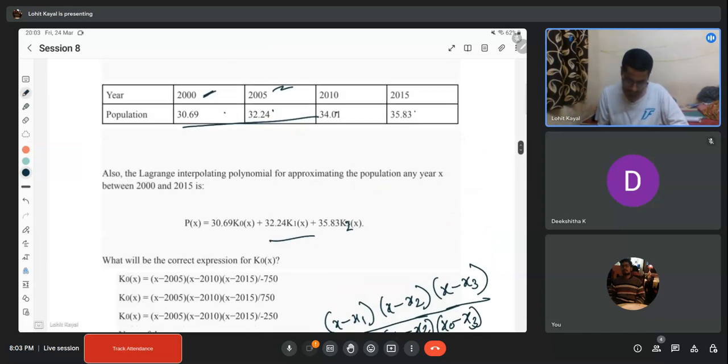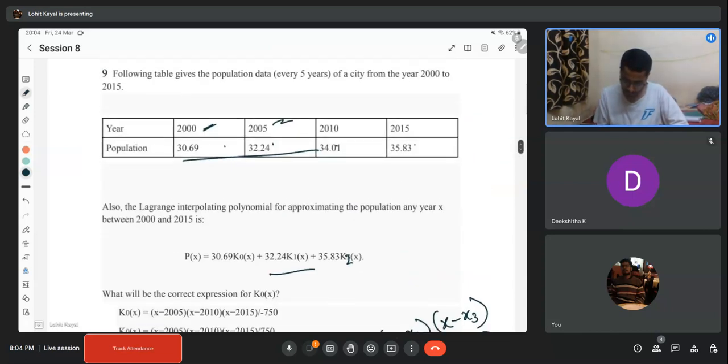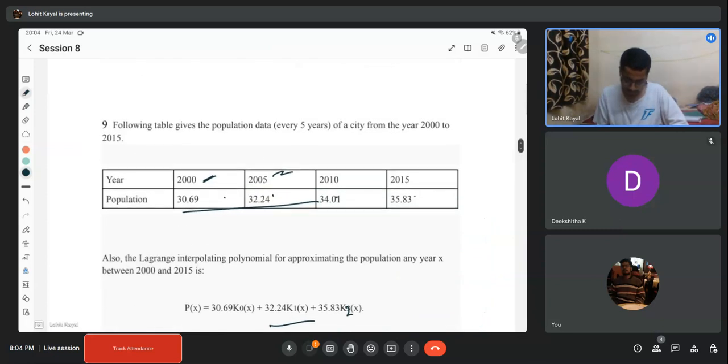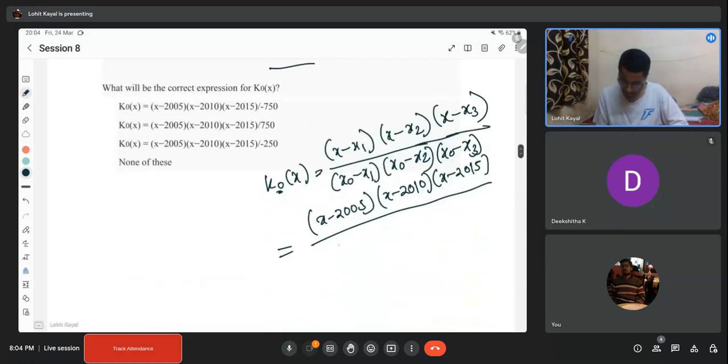Your x1 is 2005. So x minus 2005, x minus 2010, x minus 2015, divided by x naught minus x1, that is minus 5, into minus 10, into minus 15.